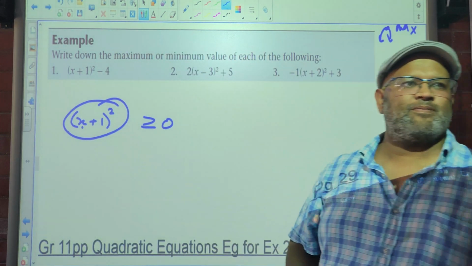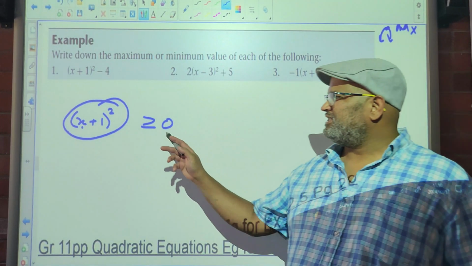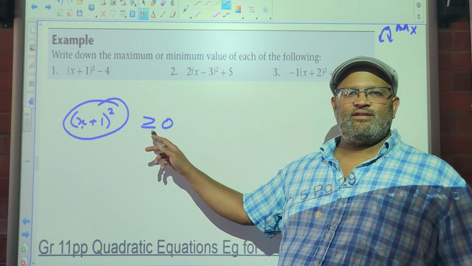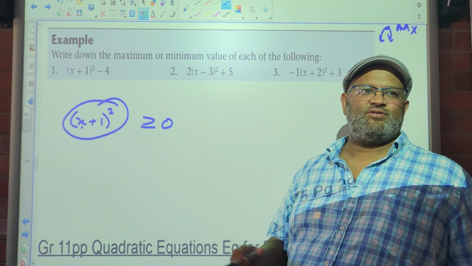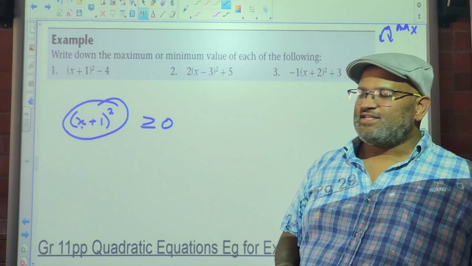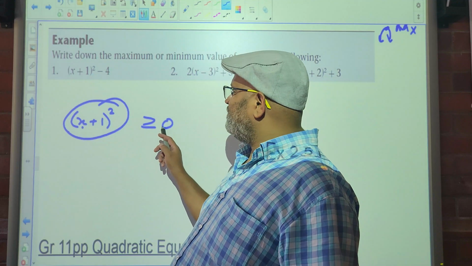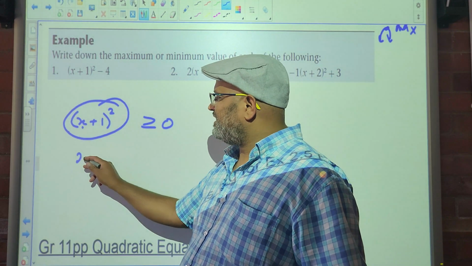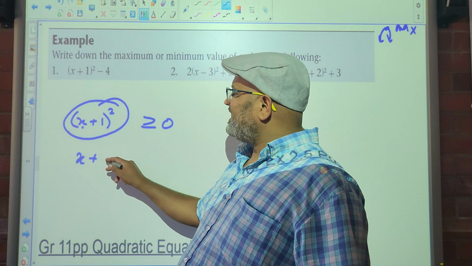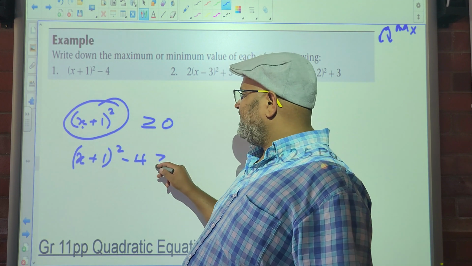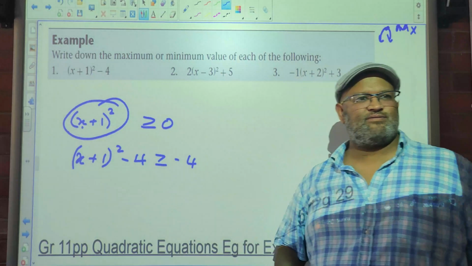So will this have a minimum or maximum value? It has a minimum value. Because x plus 1 all squared has to be always greater than or equal to 0, if I put minus 4 on the side, I must put minus 4 on that side as well.